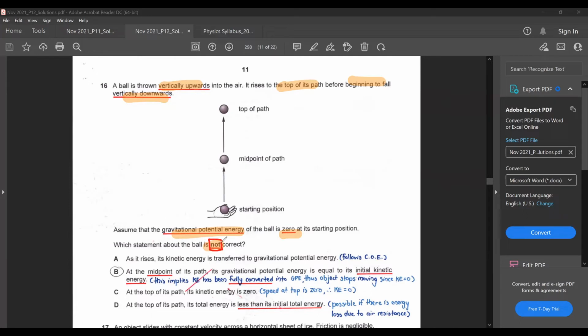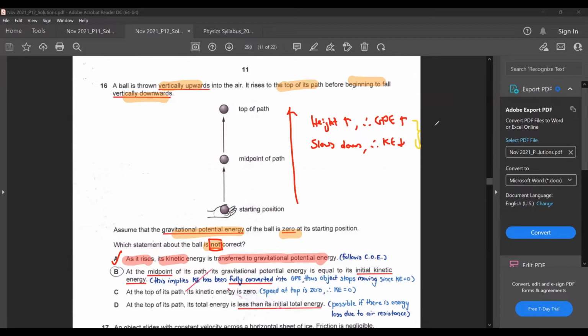Let's look at the statements one by one. As it rises, its kinetic energy is transformed to GPE, gravitational potential energy. This one is a correct statement, because as you go up, height increases, therefore GPE increases. But at the same time, it slows down, so KE will drop.